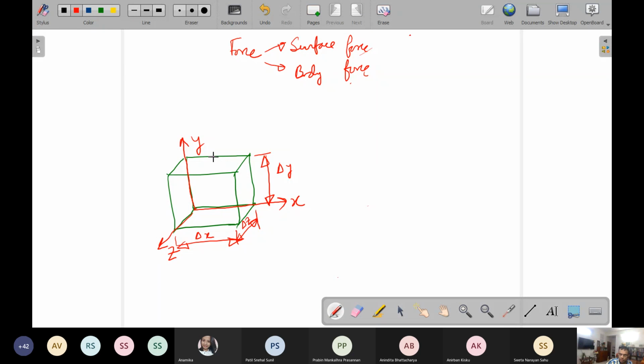If you imagine this volume, you will have these 6 faces: top, bottom, right, left, and front and back. Now, what could be the forces on the 6 faces? Roughly, it could be tangential and normal, because the surface will have a tangent and certain normal directions. Local or global normal. Here it's a global normal because the surface is a flat surface.